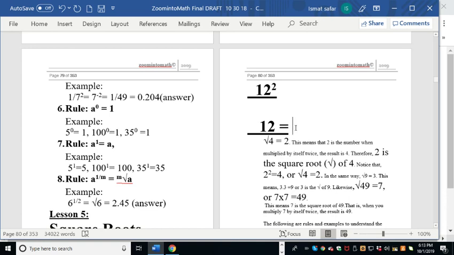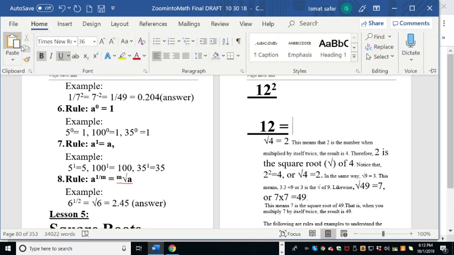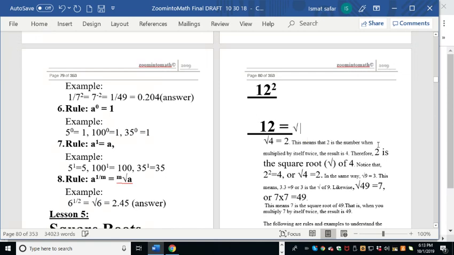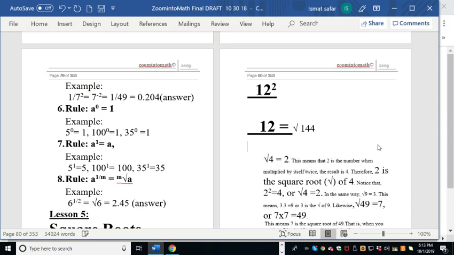How's that? So 12 is the square root of 144. That's it. That is another example. Remember, this 2 should be on the top of the square root symbol, but only in this case they don't put it on the top left corner of the square root symbol.